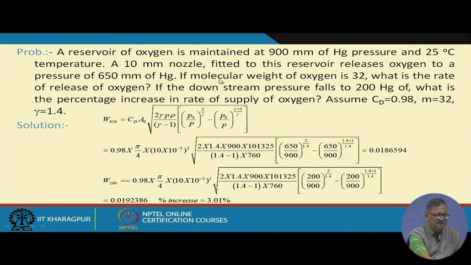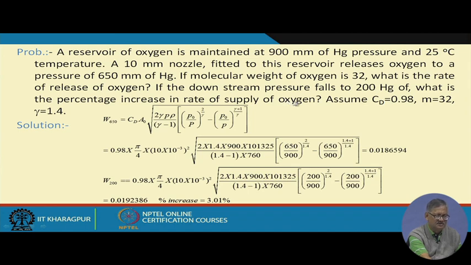If molecular weight of oxygen is 32, what is the rate of release of oxygen? Further, if the downstream pressure falls to 200 millimeter of mercury, what is the percentage increase in rate of supply of oxygen?